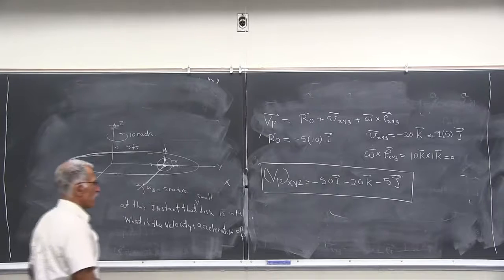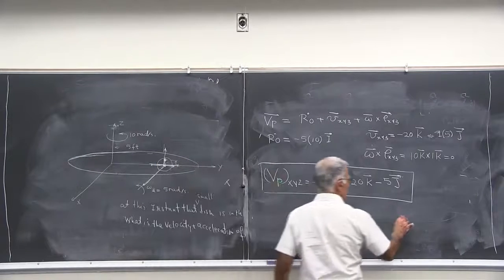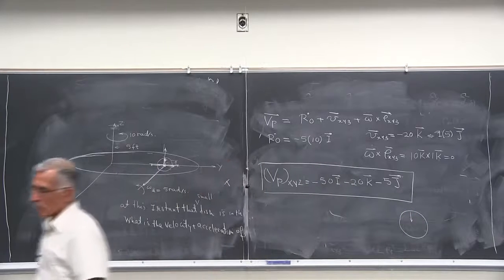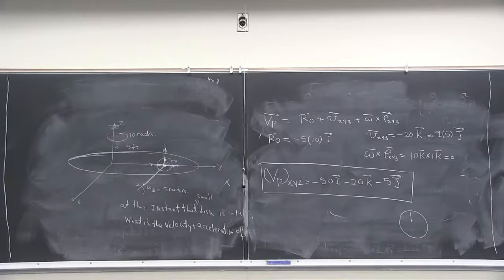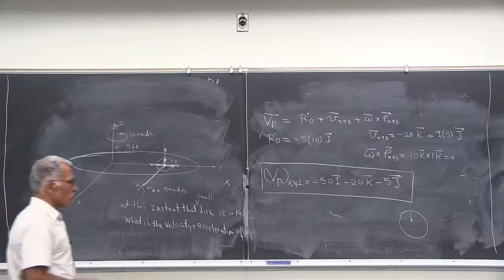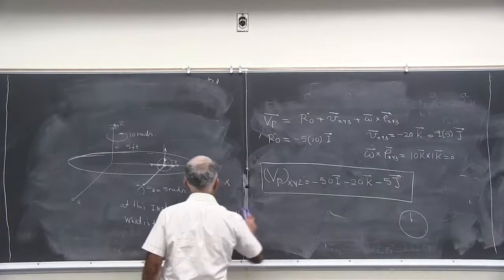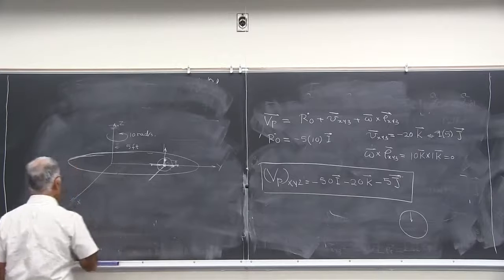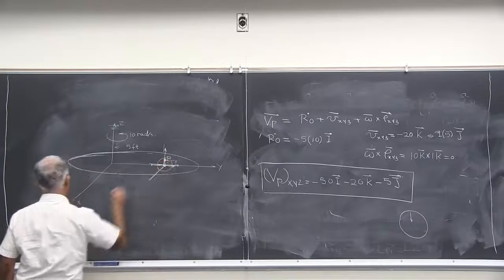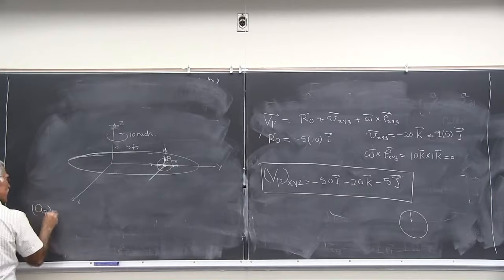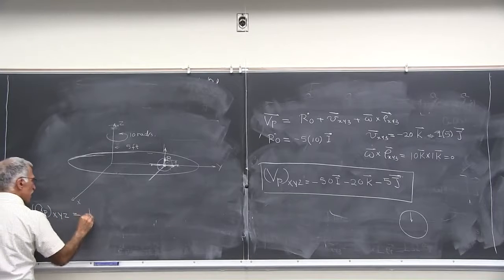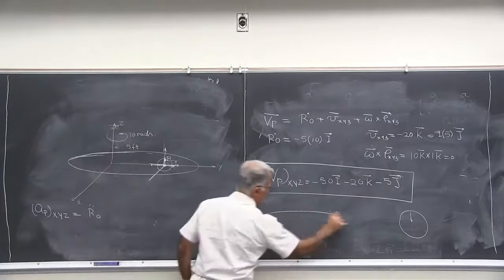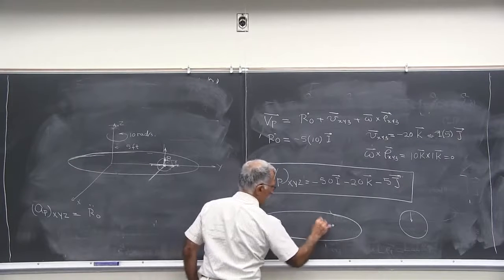Now, if I want the acceleration of this object that is coming down, we said it's coming down with acceleration of 10 feet per second square, I guess we said. It's coming down with acceleration 10 feet per second square, and that's going with the constant omega again. Then again, you write your main equation. You can say acceleration of this point P with respect to main reference frame is equal to R double dot O, which is again, what is the acceleration of this point?